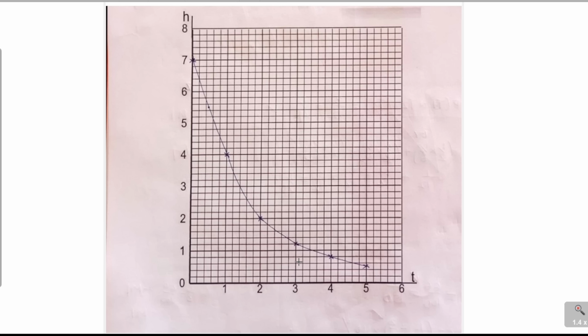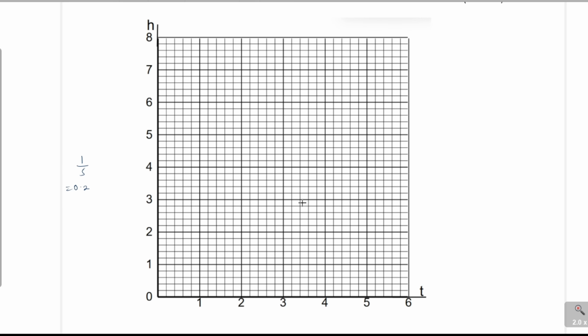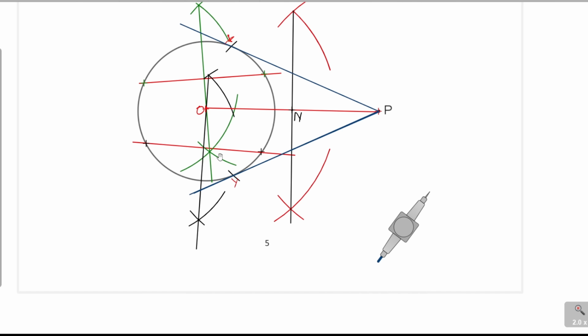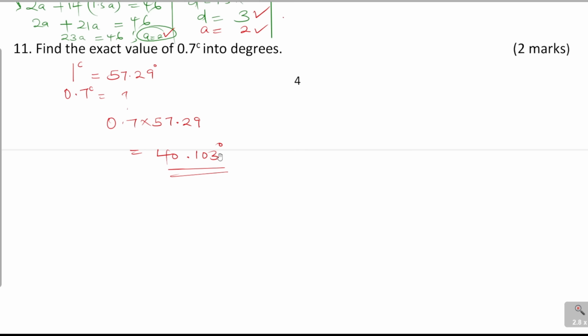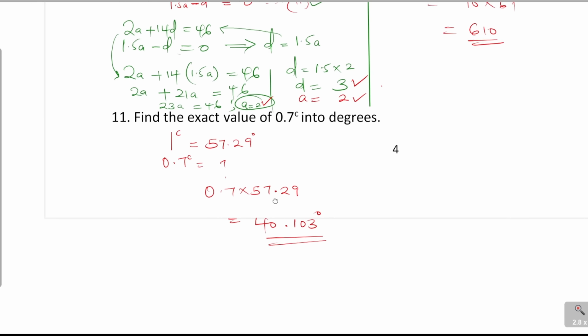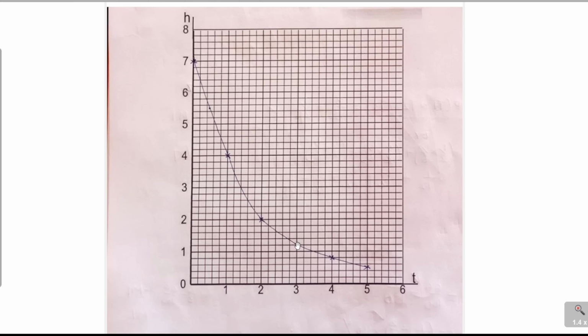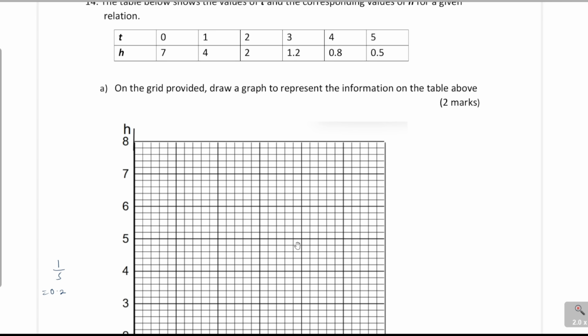So 0, 7 is the first one. You can see it here. Then the second one is 1, 4, it is there.